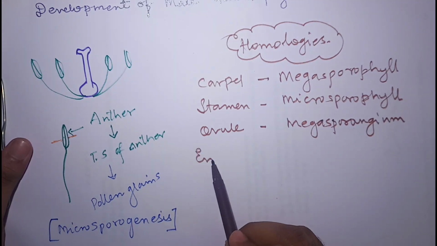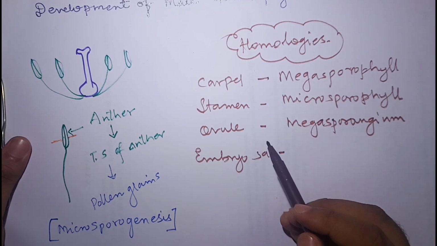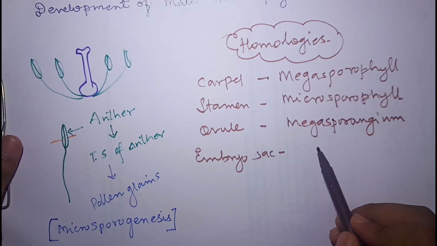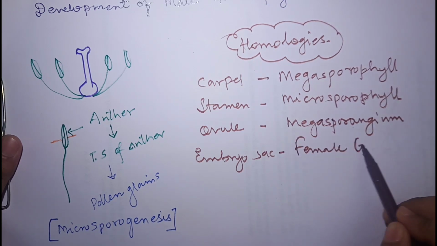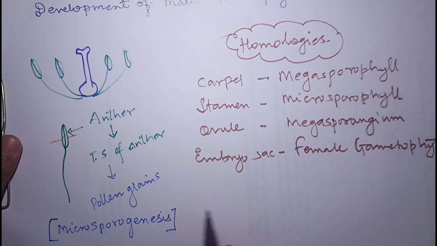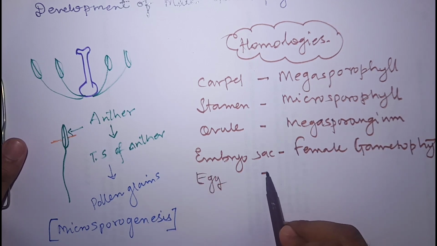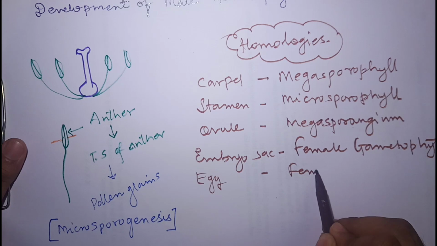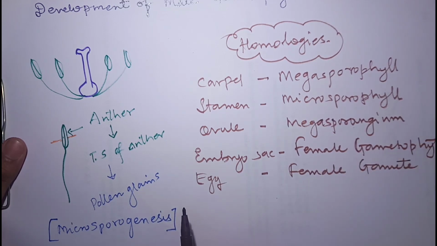For embryo sac, we are using the term female gametophyte. And for egg, we are using the term female gamete, right?